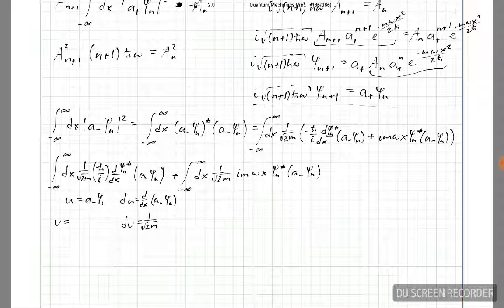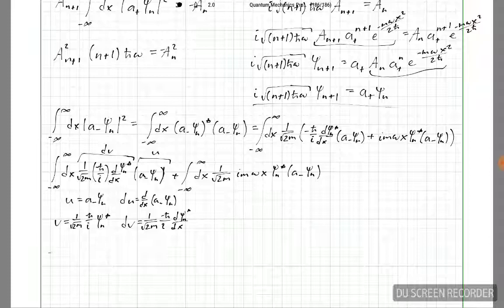So it's 1 over square root 2m, negative h bar over i, spatial derivative of the wave function complex conjugate. So then my v, the integration of that is very easy, because all I have to do is just apply the fundamental theorem of calculus.